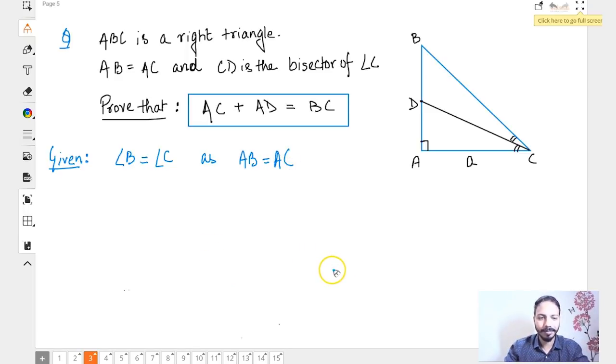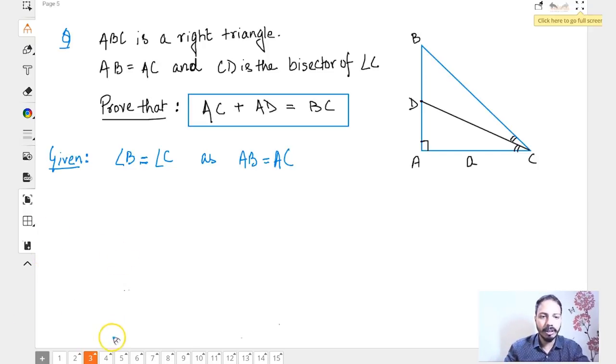Let me see how many of you can solve this. Do you need some hint? Try to think about it.